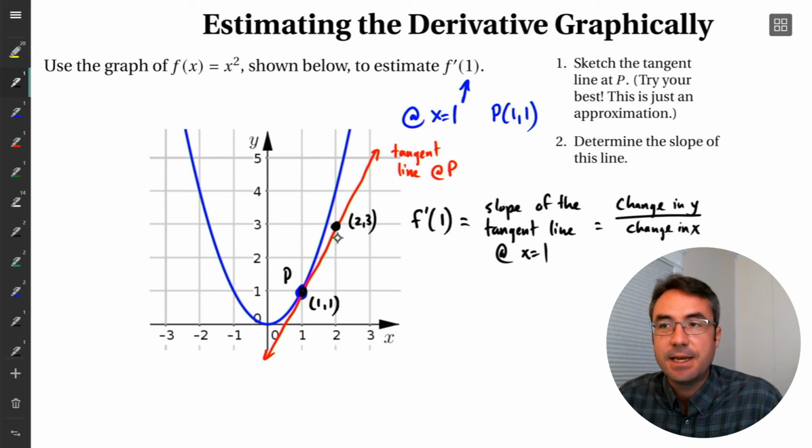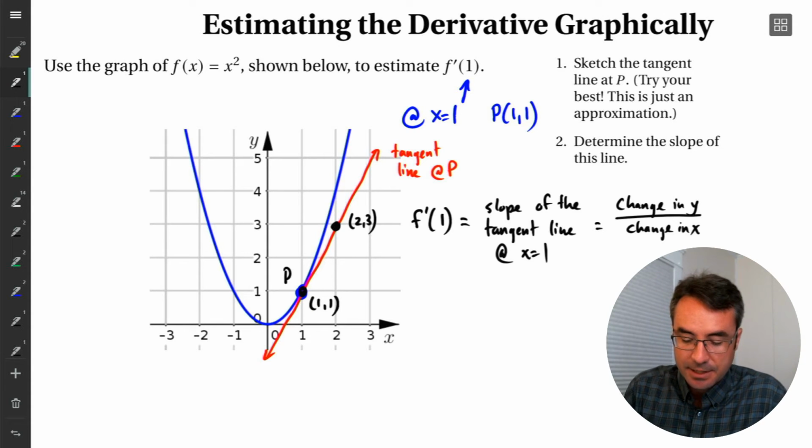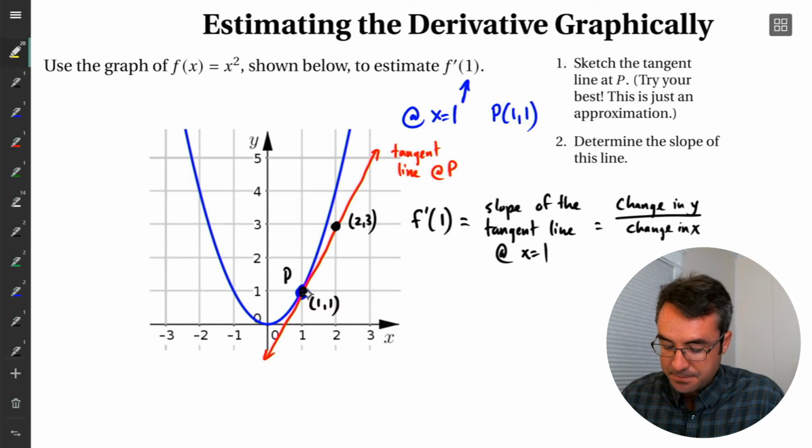All right, so we've picked this second point. We made it easy. Now we just want to determine the change in y versus the change in x. So the way to determine this is just to move from point P to that second point. And when we do that, we see that we move 1 unit to the right, and then we move 2 units up.